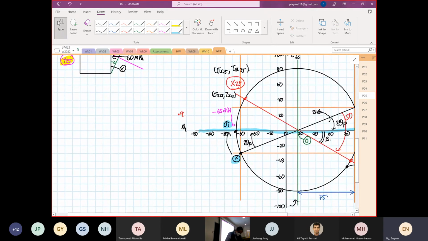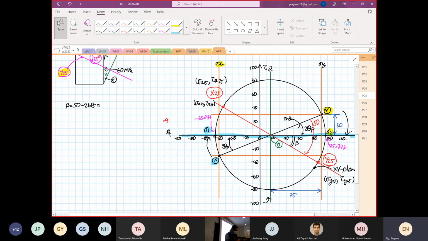Okay, so we know that beta is equal to 50 minus 21.8, which is equal to 28.2 degrees. Okay.